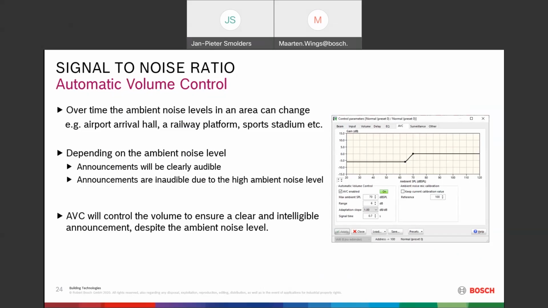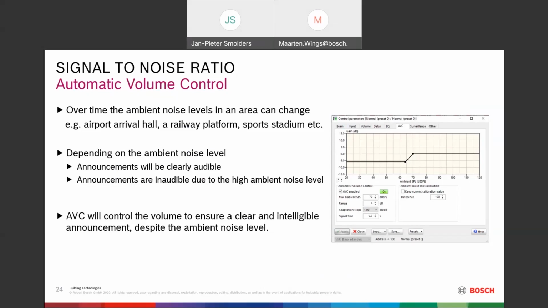I also see, just looking in the data sheet, that the ANS sensor has two different modes it works in: a sample and hold mode, and a tracking mode. The sample and hold mode basically means it measures shortly if it needs to make an announcement, let's say at the railway station.